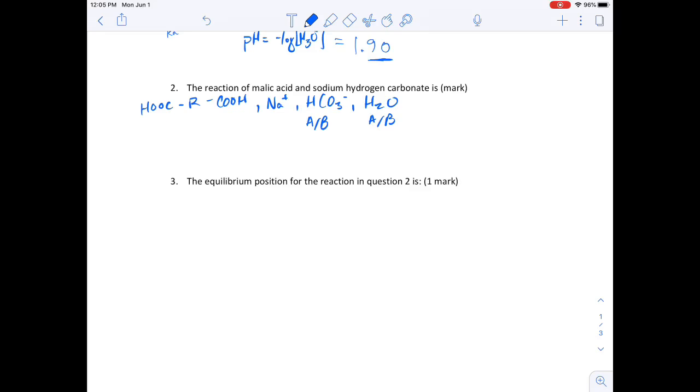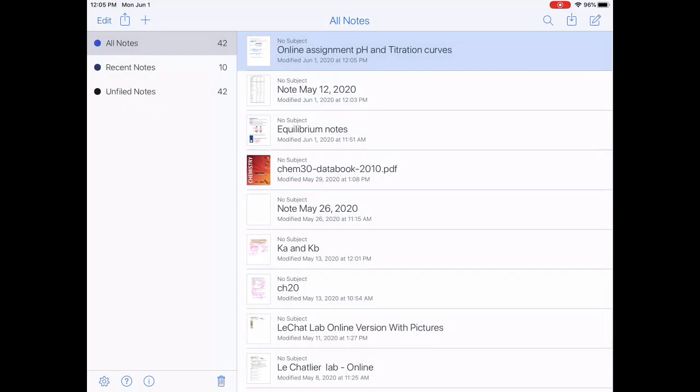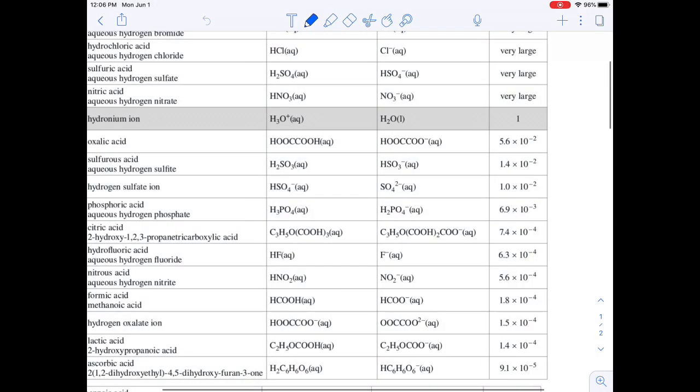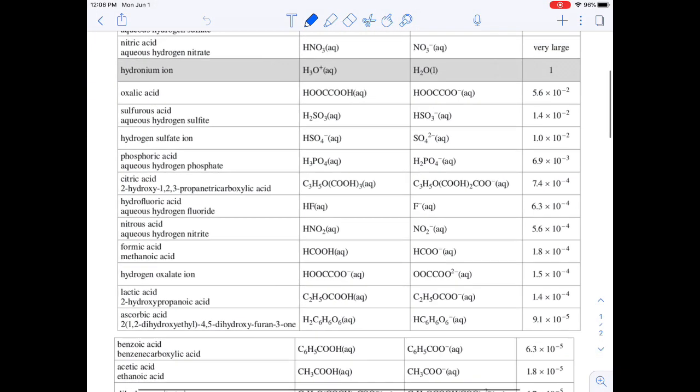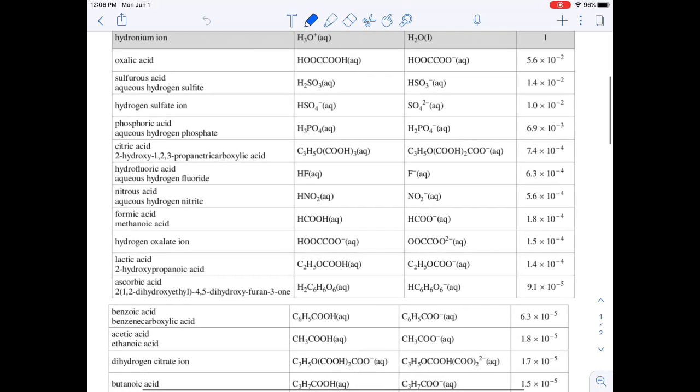It's amphiprotic, but this is only an acid. So we're going to go back to our data booklet, and the hydrogen malate, or the malic acid, has a Ka of 3.9 times 10 to the negative 4. So if I'm looking, 1.4 times 10 to the negative 4, 1.5, 1.8, and then 5.6. Malic acid would fit here on the acid table.